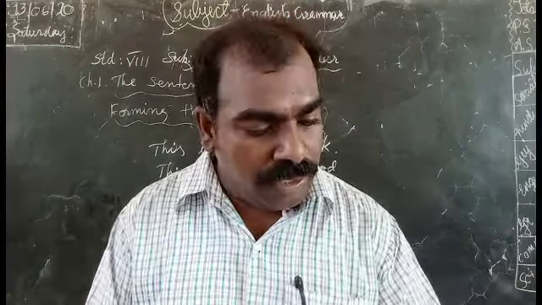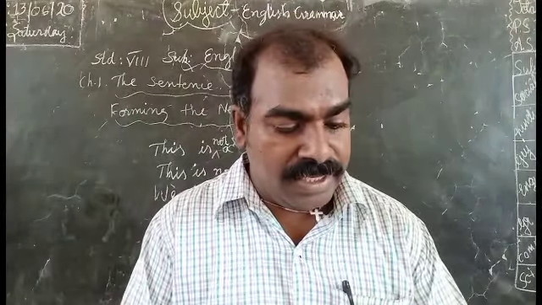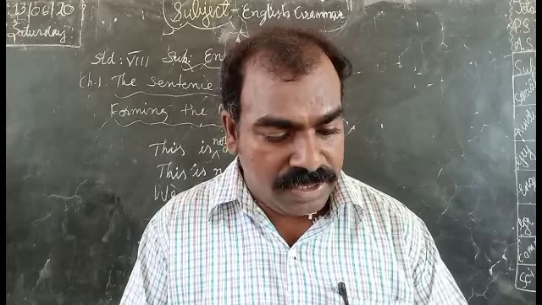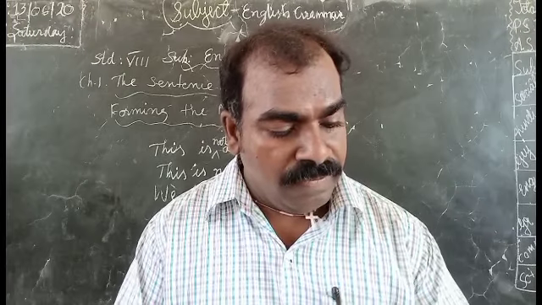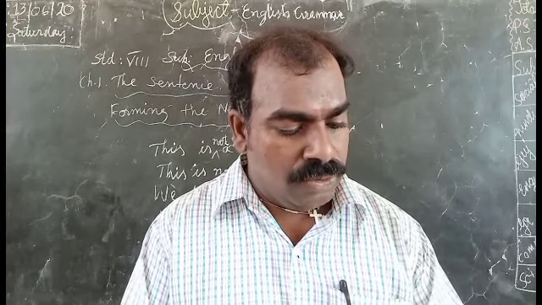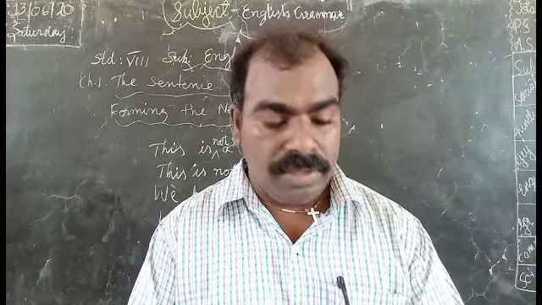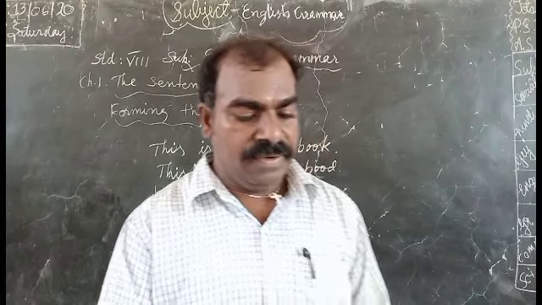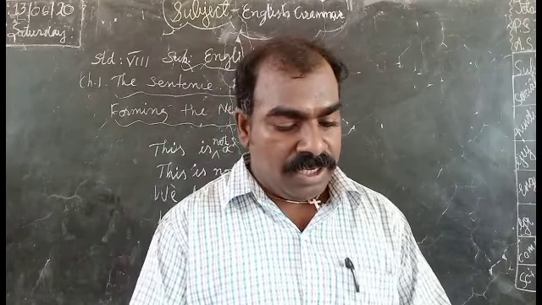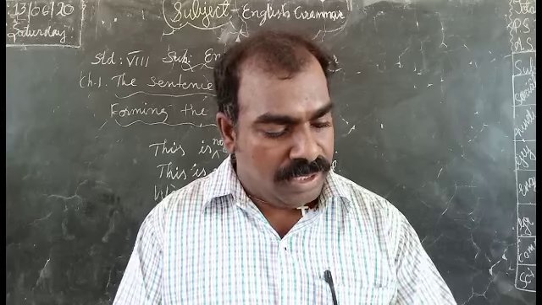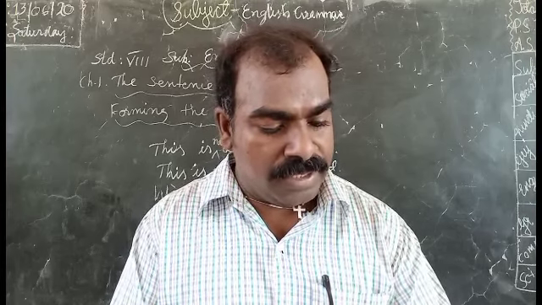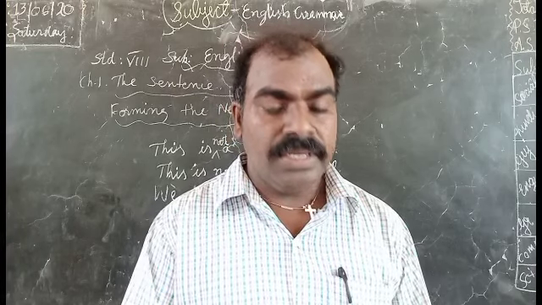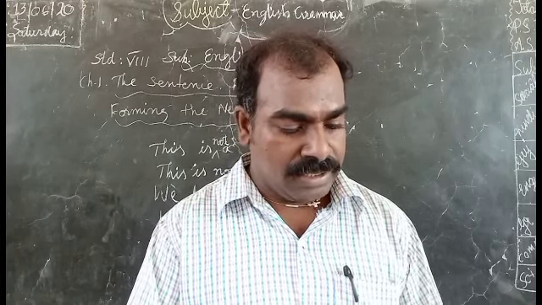If there is no auxiliary verb in the sentence, as in the present simple and simple past sentences, we add the auxiliary verb do plus not before the main verb. The main verb is then used in its base form, while the auxiliary verb changes according to person, number, and tense.